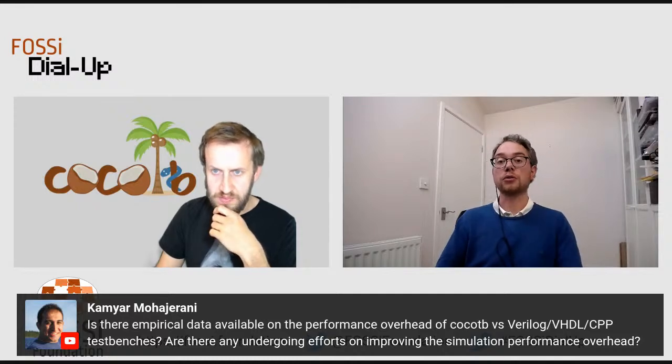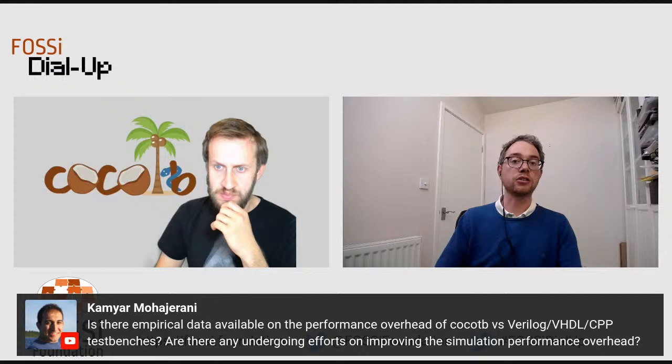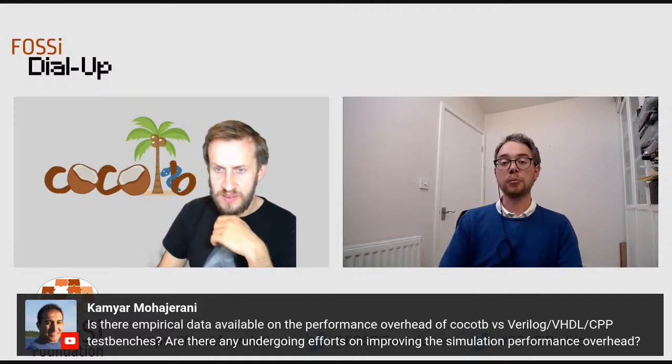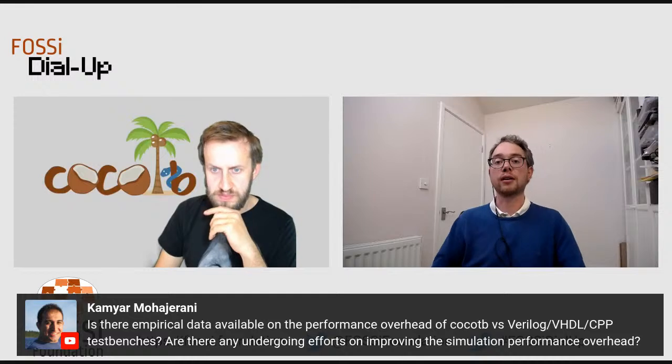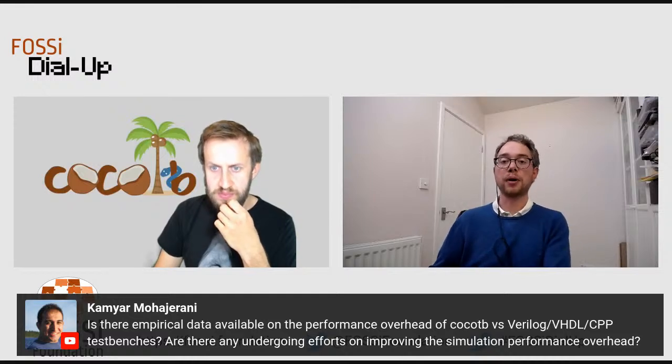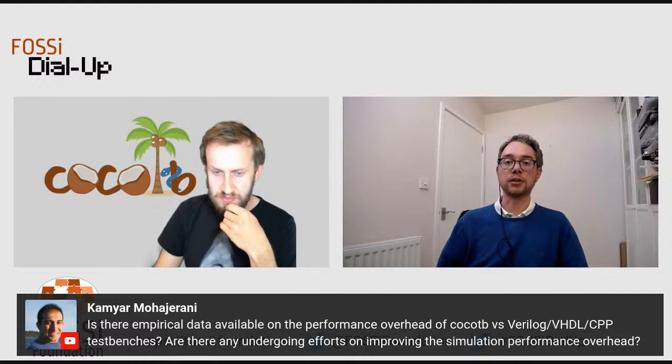Depending on what you want to do, if you want to do unit testing, or transactional testing on a bus, it is a good idea to go down to the level of only having a transaction being passed to Cocotb and passed back, and leaving everything else in the simulator environment.